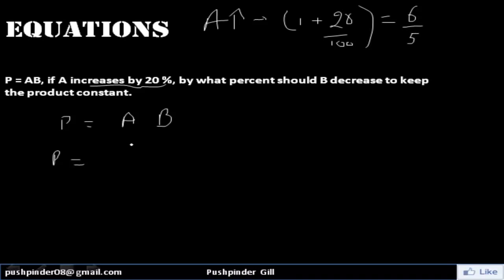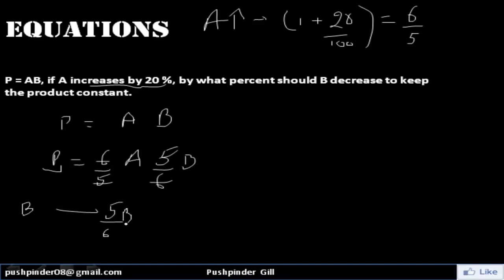So A has got multiplied by 6 by 5. Now to keep the product constant, we have to multiply B by 5 by 6 so that whenever it cancels, we have this as constant. So B is going from B to 5 by 6B, right?